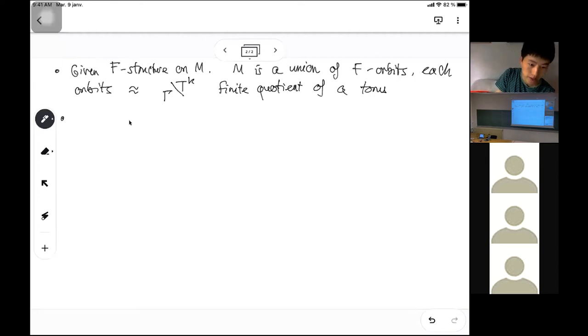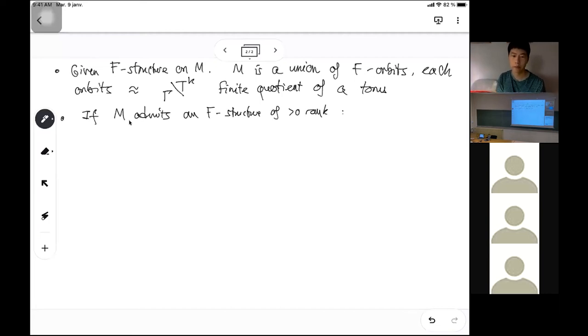Let's see. Another comment is that having an F structure definitely puts some topological constraint on your manifold. In fact, if M admits an F structure of positive rank, then the Euler characteristic of M is going to be 0. And that's because an F structure is just a generalization of, say, a torus action.